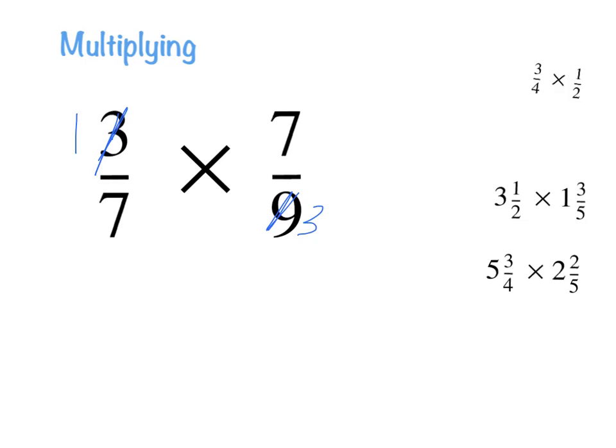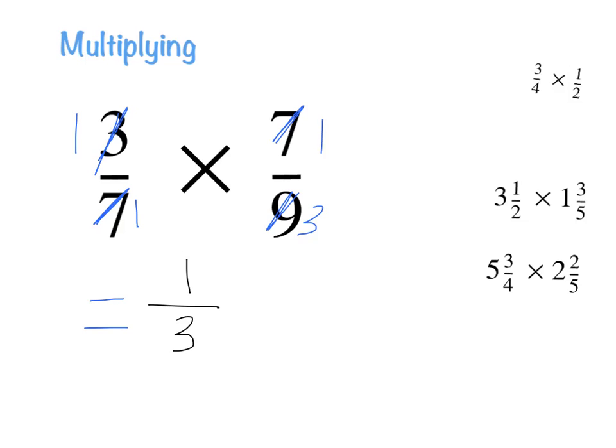Now, 7 and 7, it's pretty obvious their highest common factor is 7. 7 goes into 7 once, 7 goes into 7 once. 1 multiplied by 1 is 1. 1 multiplied by 3 is 3. See, I've already got my simplified answer there. So I didn't have to wait to get my answer.